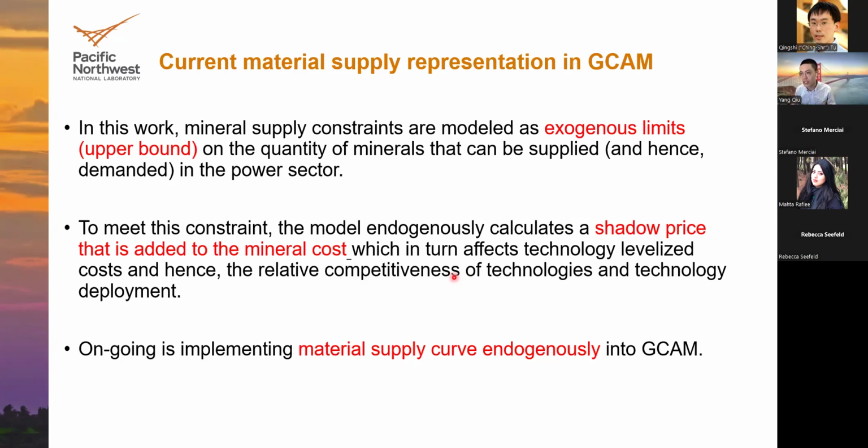And what the model does is that when we have this exogenous material supply constraint, the model will endogenously calculate a shadow price that is added on top of the material price input, which will increase the technology cost that requires those materials. And that's how, when technology cost increases, the market share of that specific technology will decrease. So that is basically how this material supply constraint restricts specific technology deployment in the model.